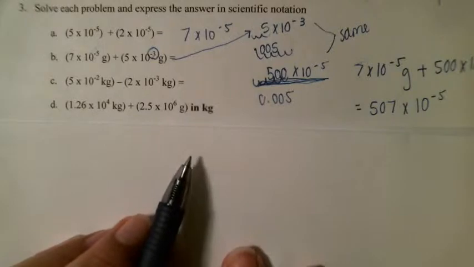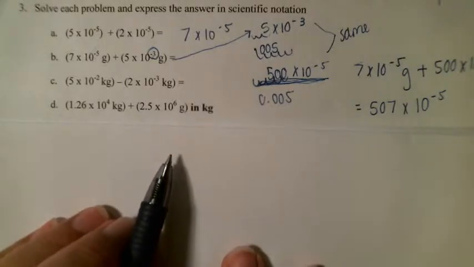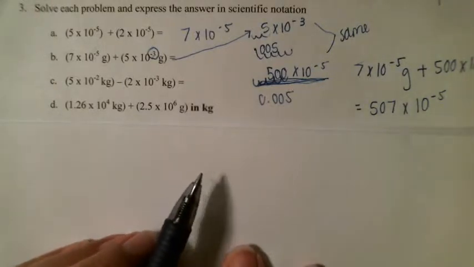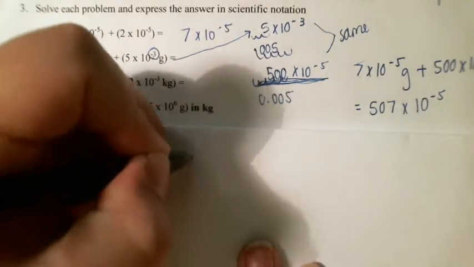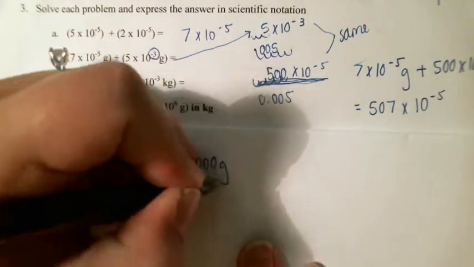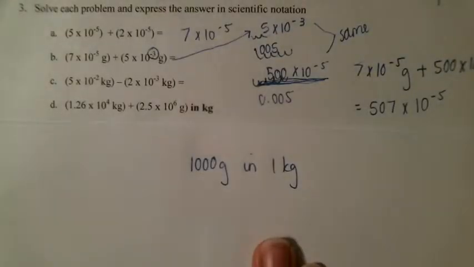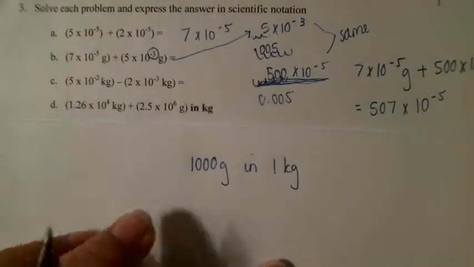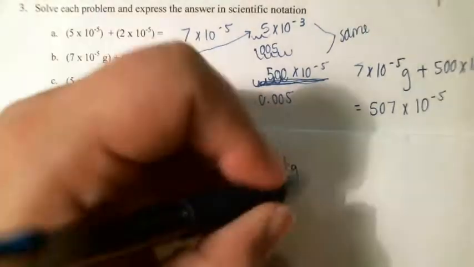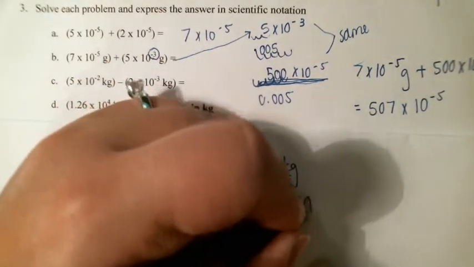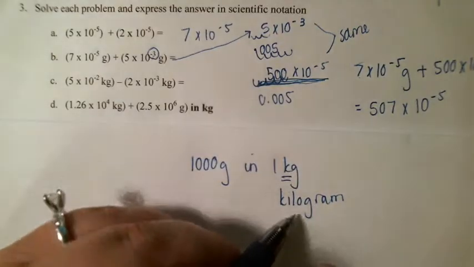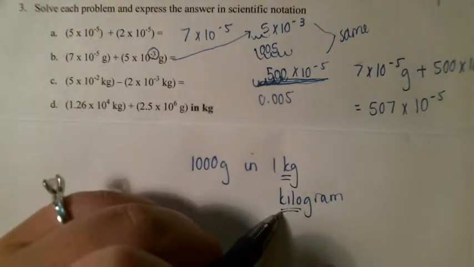Now we're going to get into some more detail with this a little later, but at this point you should know that there are 1,000 grams in 1 kilogram. Kilo for kilogram. Those are one of the prefixes that you need to learn, and kilo means 1,000.